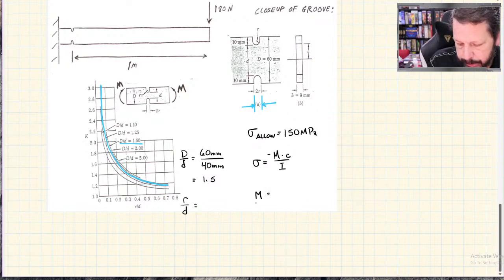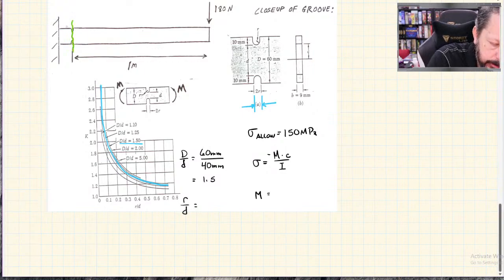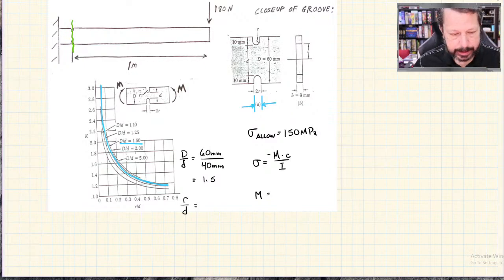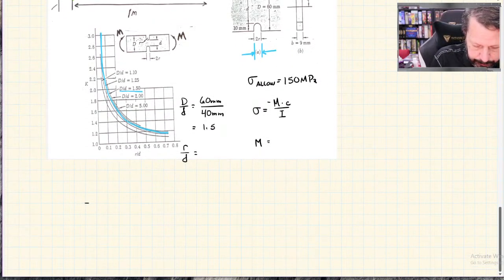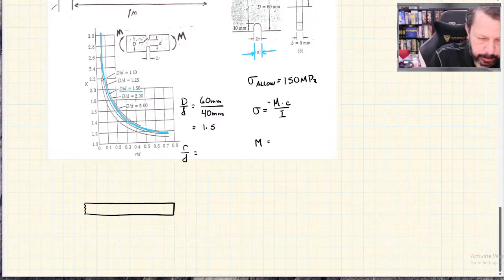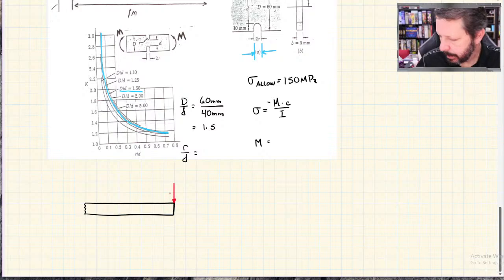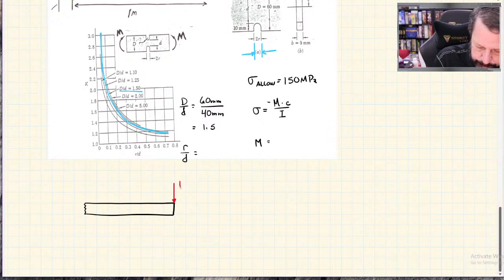M is going to be the moment at this cross section, so we need to actually cut this right there. If we did that, a free body diagram would look like this. We have a point load over here. Do we know that value? Yes, 180 newtons. We have this, which is 1 meter.